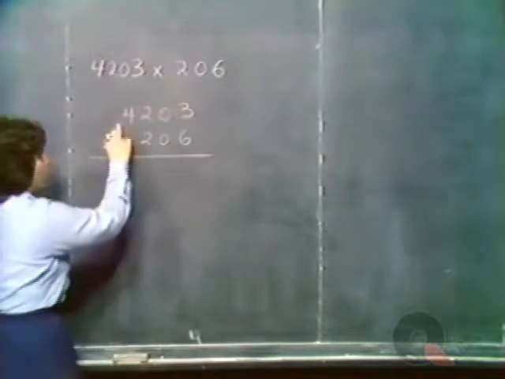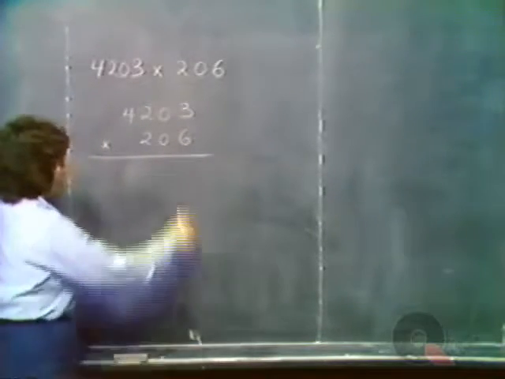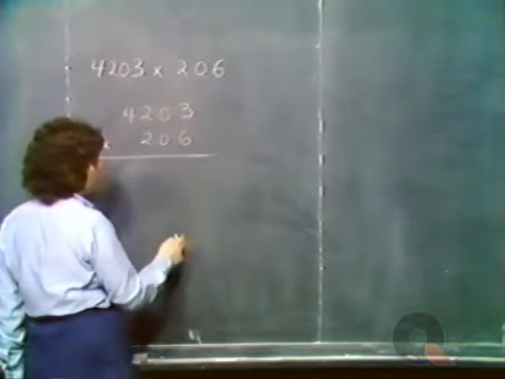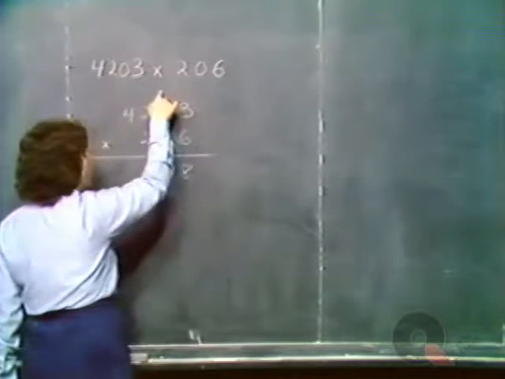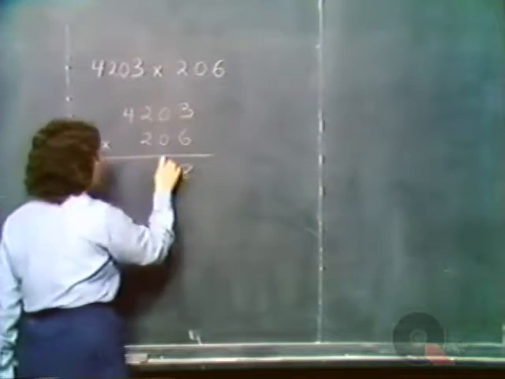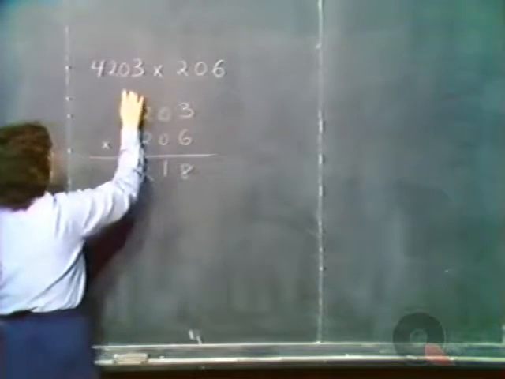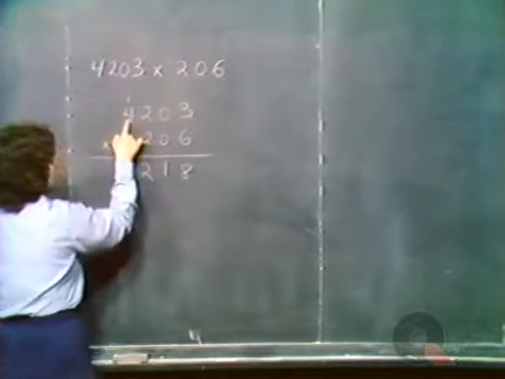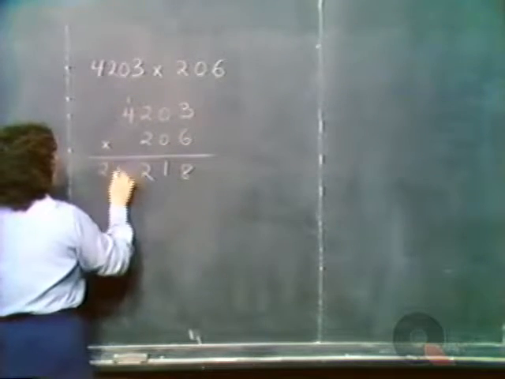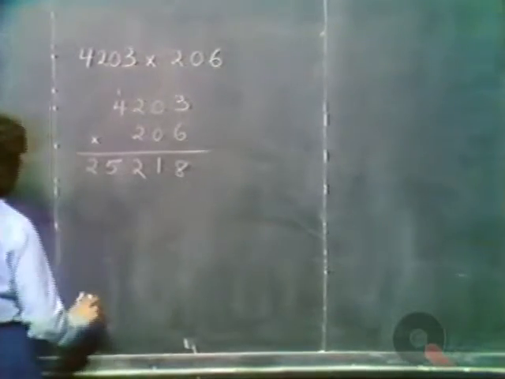First, we will multiply 4,203 by the 6, and we'll put the answer right here. Okay, 6 times 3, that's 18. Put down the 8, carry the 1. 6 times 0 is 0 plus 1. 6 times 2 is 12. Put down the 2, carry the 1. 4 times 6, 24, plus 1, 25. So 25,218 on the first line.